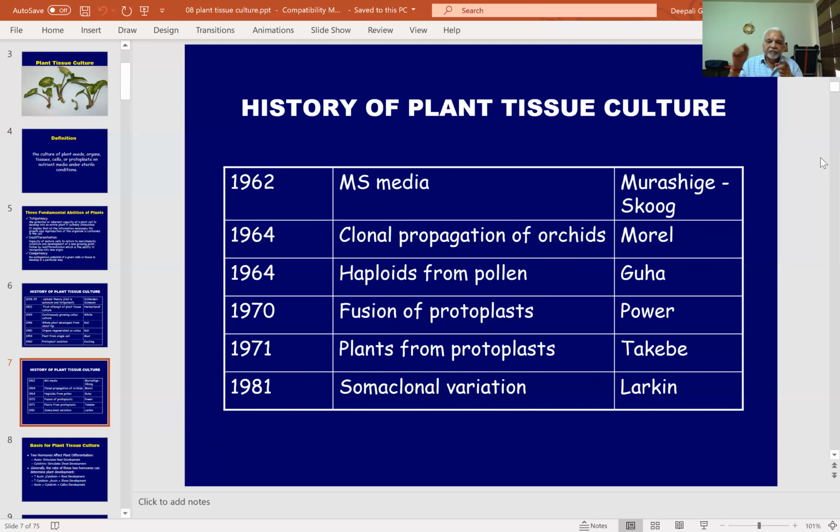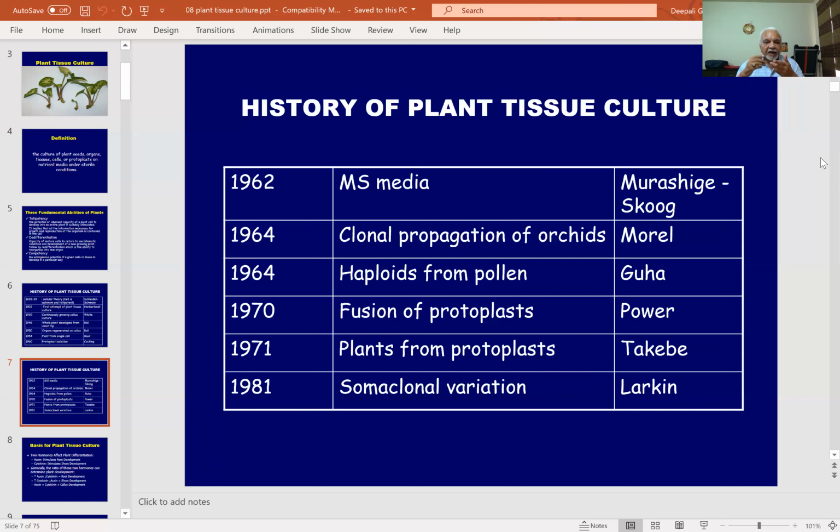Now, this was a very interesting discovery, and it opened up an era of possibilities where if you genetically modify a single cell, in this case a protoplast, then one can generate a genetically modified plant. So it's a question of just modifying one cell or protoplast and then regenerating a whole plant, which is genetically modified.